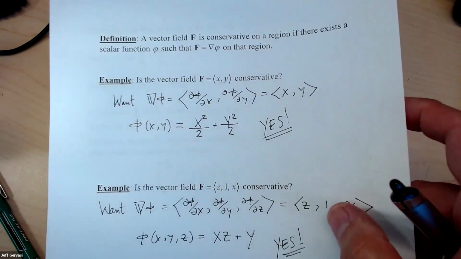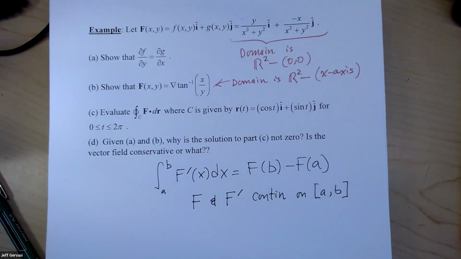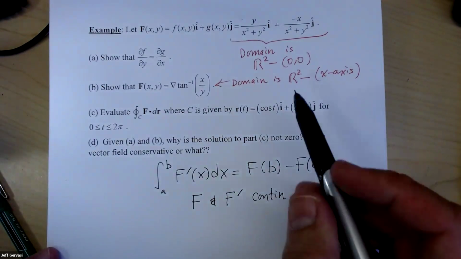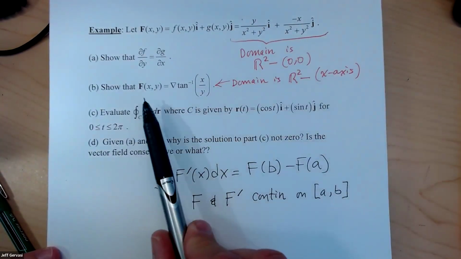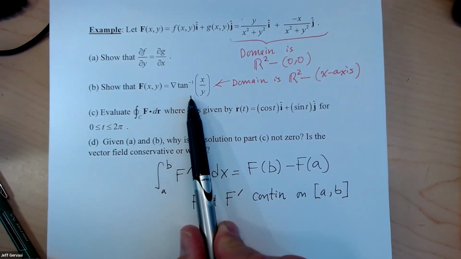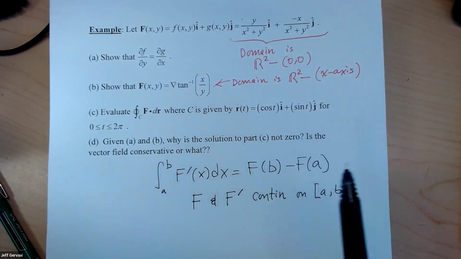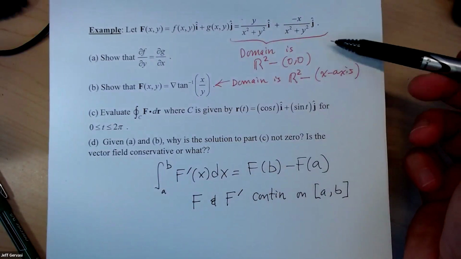We've been talking about domains, gosh, it seems like all the way back to algebra 2. Different domains is the problem here. So is it true that the vector field f is equal to the gradient of the inverse tangent of x over y? Yeah, we showed it. Is the vector field conservative with that scalar function? No, it's not. Different domains.